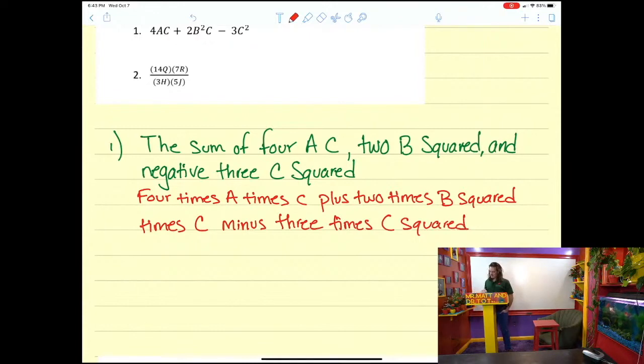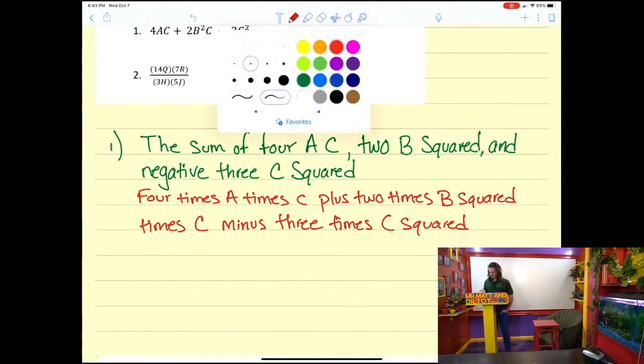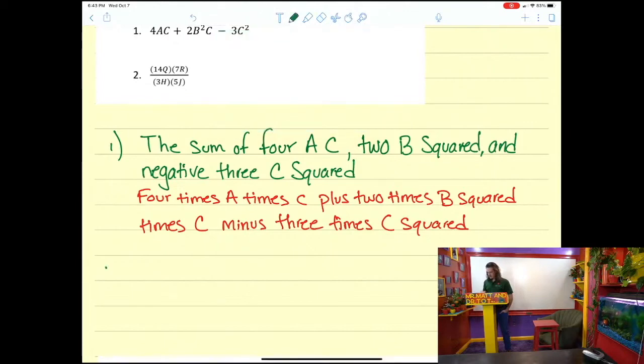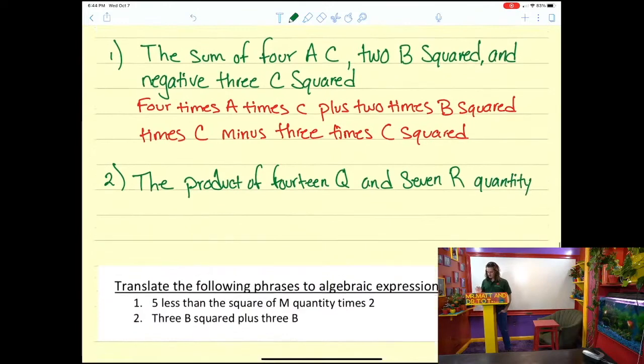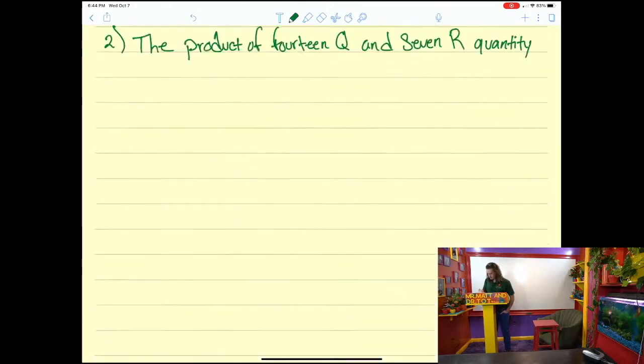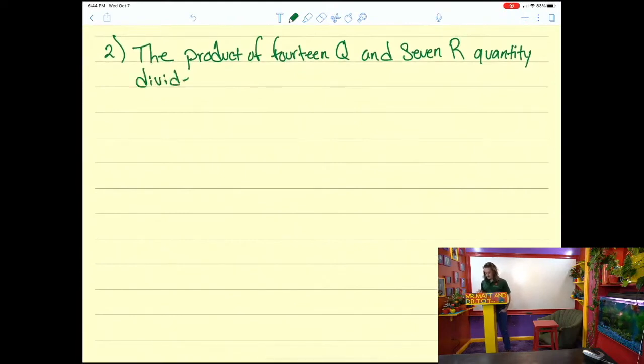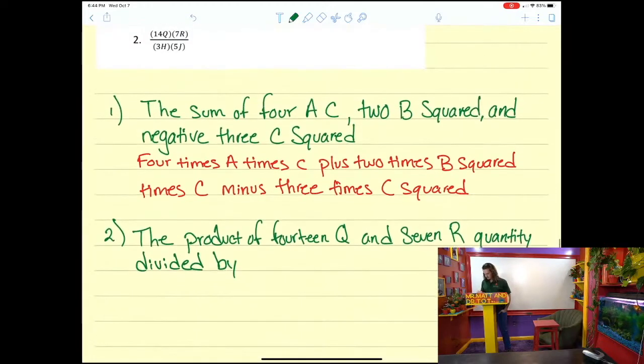And then for the second problem, we could describe this as the product of 14q and 7r, quantity, divided by, so that means the whole thing divided by the product of 3h and 5j.